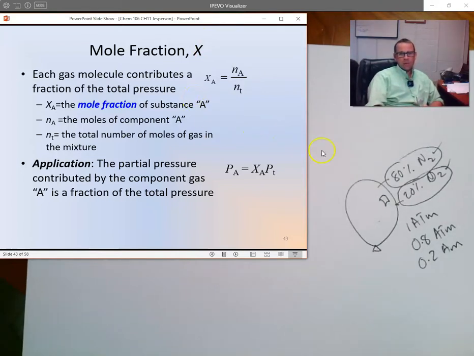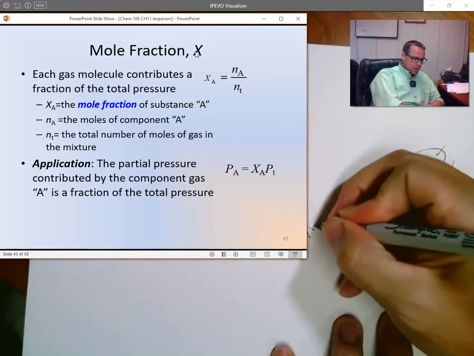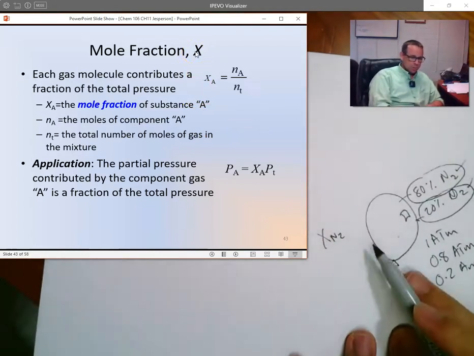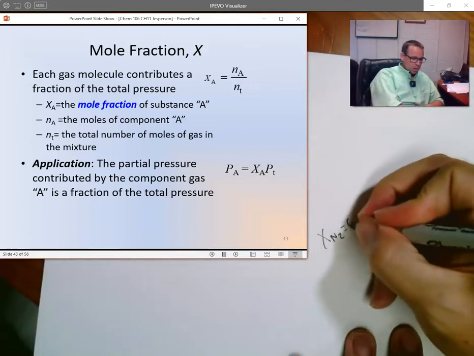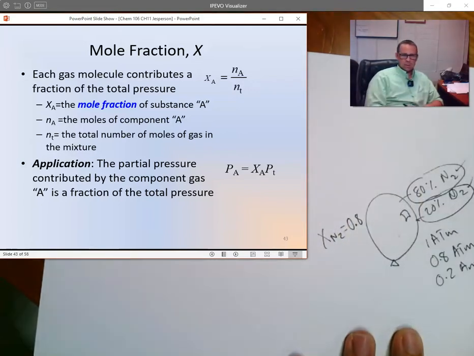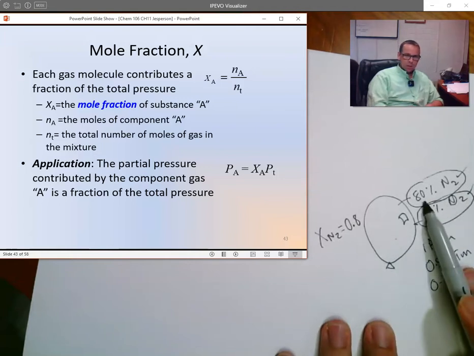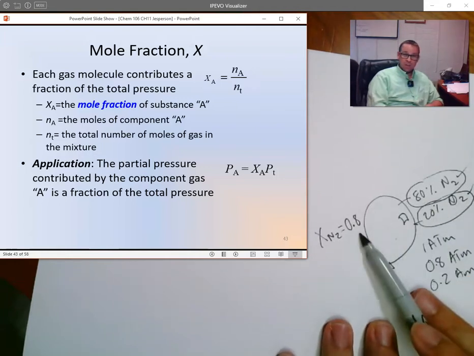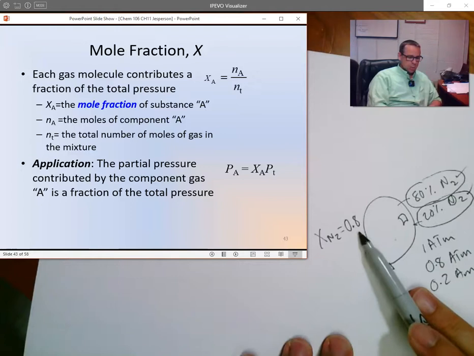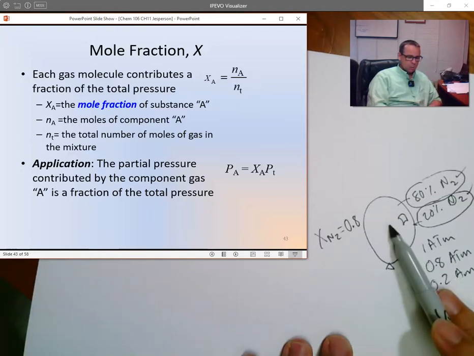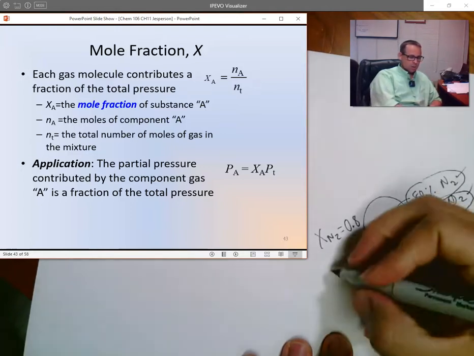The mole fraction, represented usually as this x, the x of nitrogen gas in my balloon would be 0.8, because instead of talking about it out of 100, this is out of a single 1. 0.8 fractions of all the moles of gas here are nitrogen.